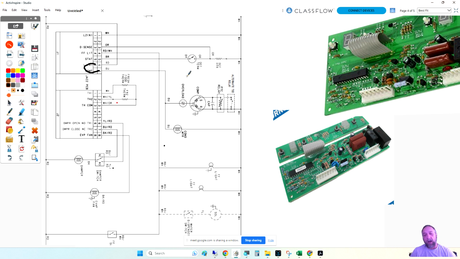I could do it either on the board, or I could do it at that connector that I showed you there. That's not going to get my evaporator fan working. How am I going to get my evap fan to work? Need an additional test cord to J2 pin 8. Okay, J2 pin 8 to what?